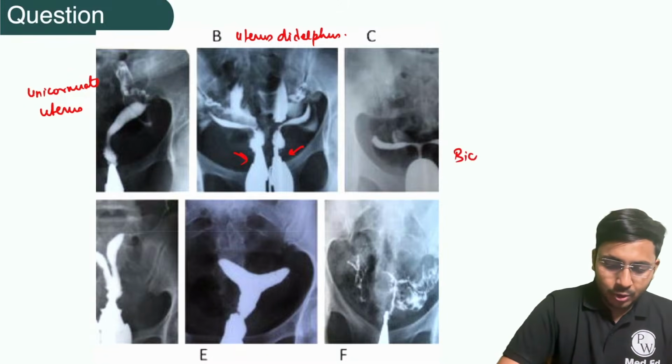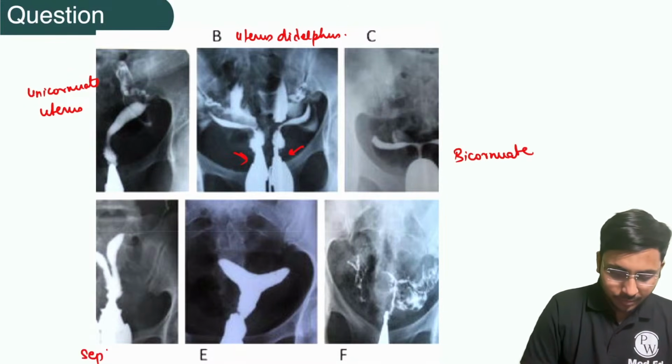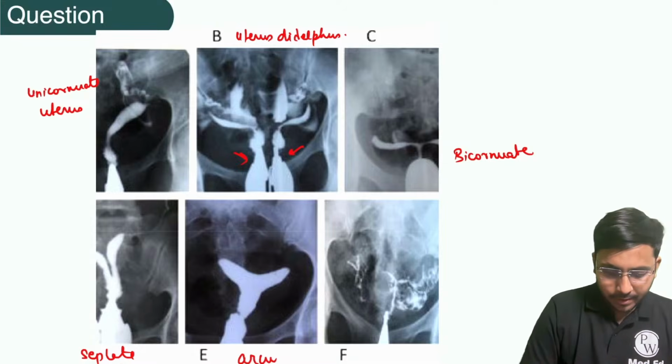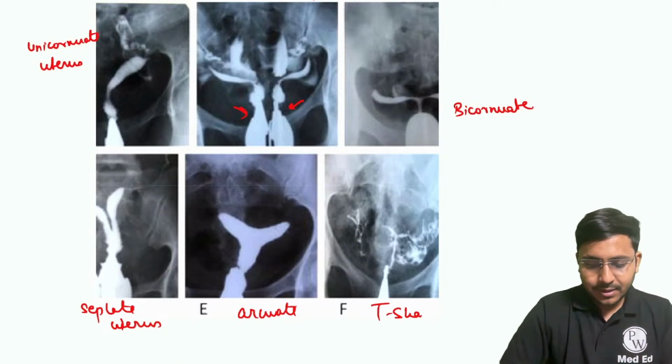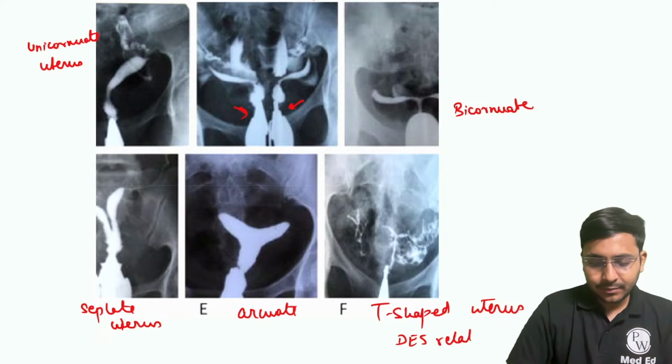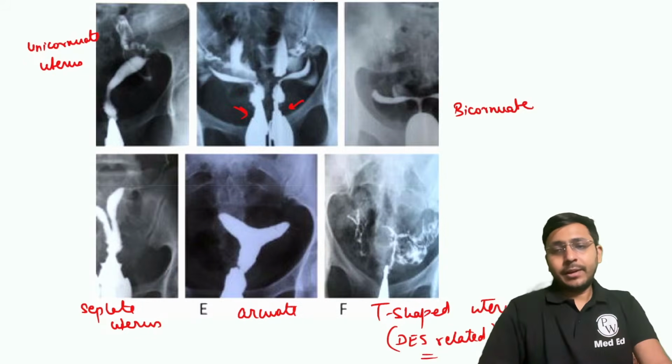This is bicornuate uterus, septate uterus, arcuate uterus, and this is T-shaped uterus, which is seen in DES-related Mullerian anomaly.